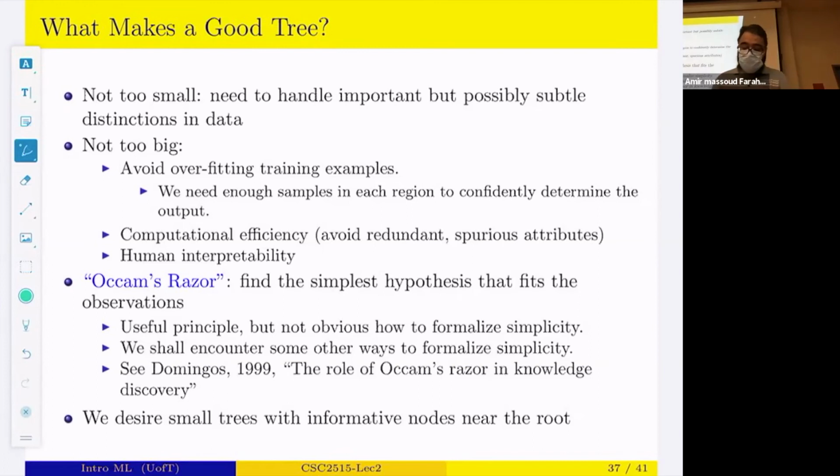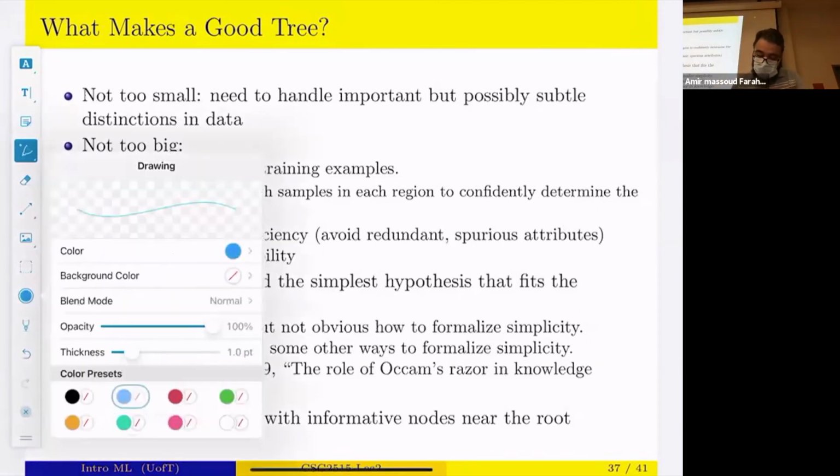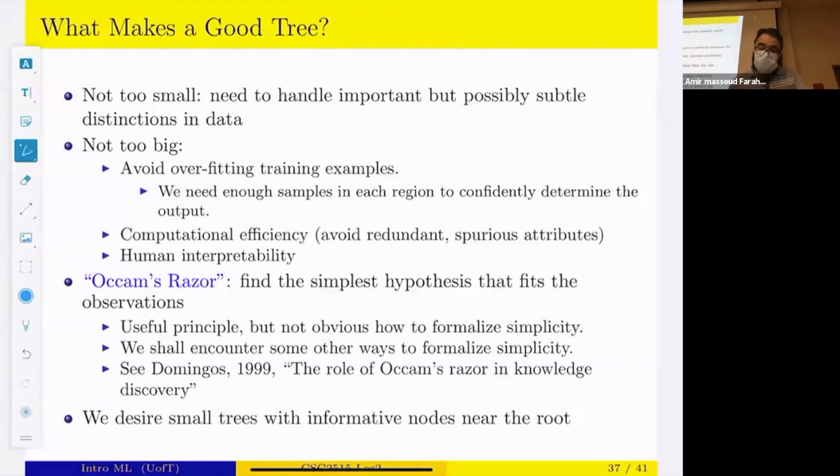But it shouldn't be too large either, because if it is too large, it starts overfitting the data points. Here we need enough samples in each region to confidently determine the output. Say this is the region.